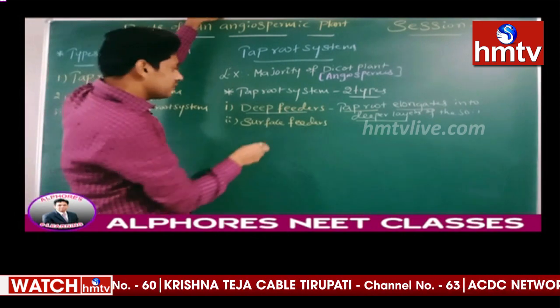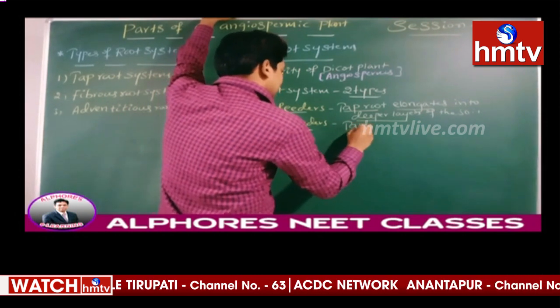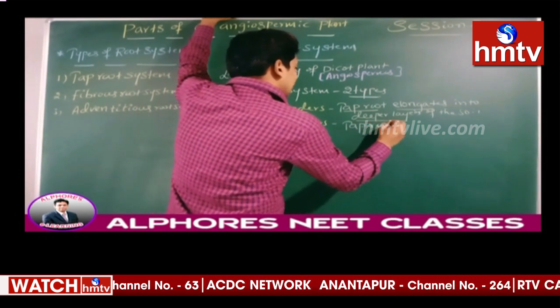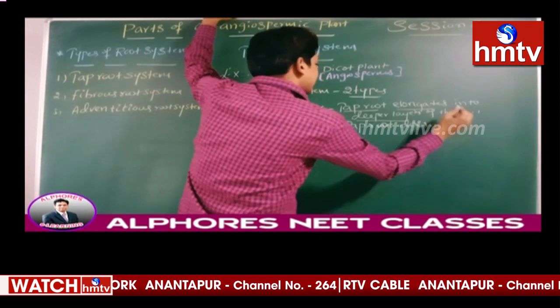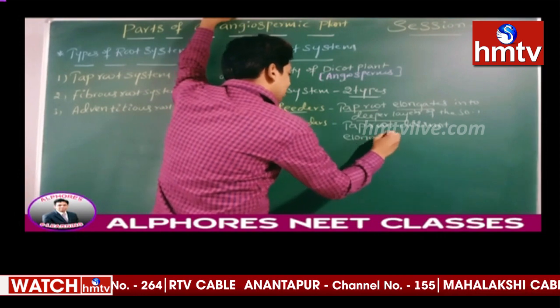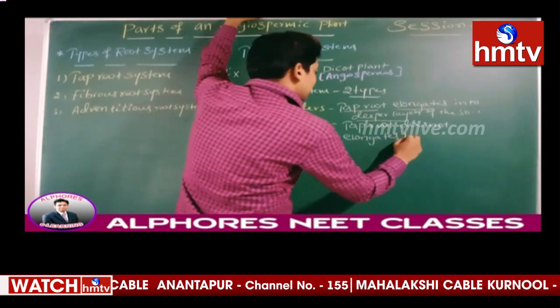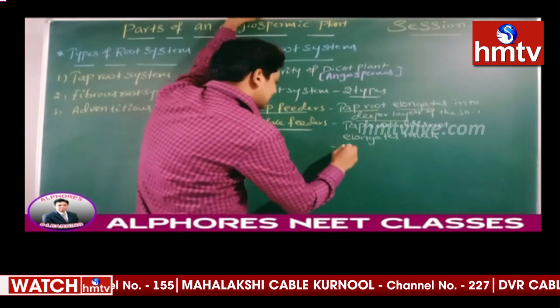Therefore, surface feeders: the taproot does not elongate much. What about the secondary roots?